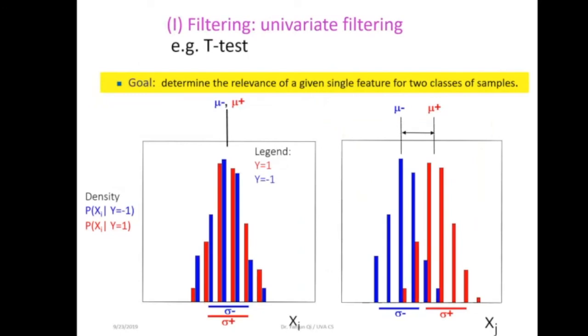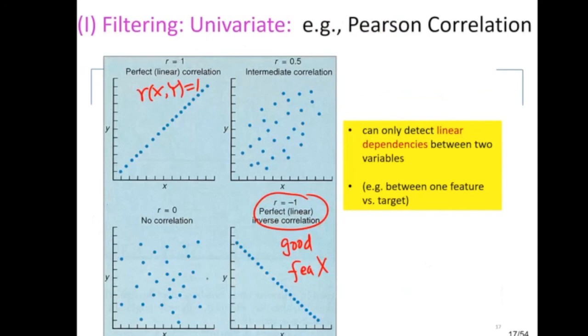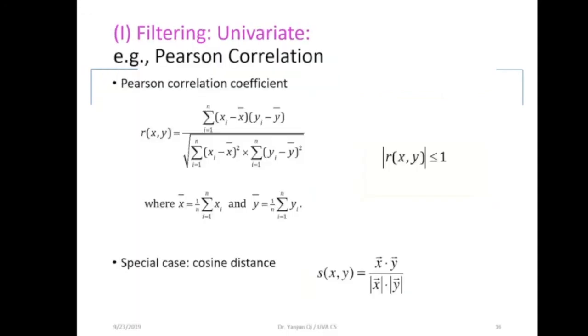There's another metric called the t-test. The t-test is based on some other assumptions. Pearson correlation is about linear correlation of x and y, right? The t-test is actually based on Gaussian distribution. Is y the output or a different feature? Y is the target here.